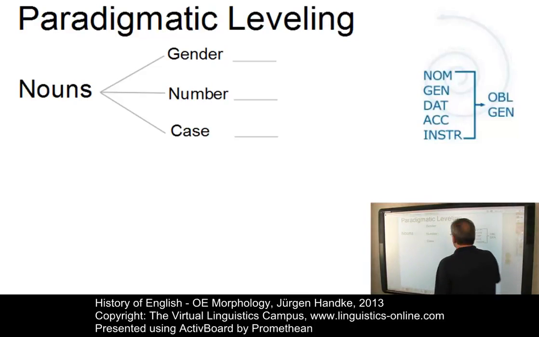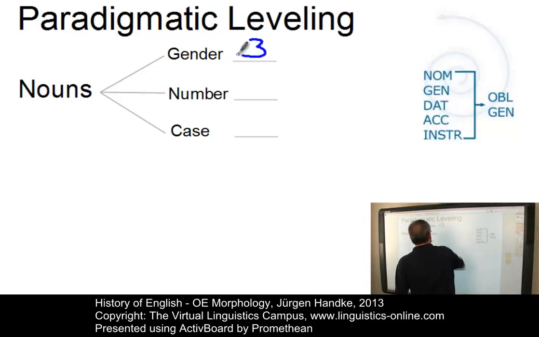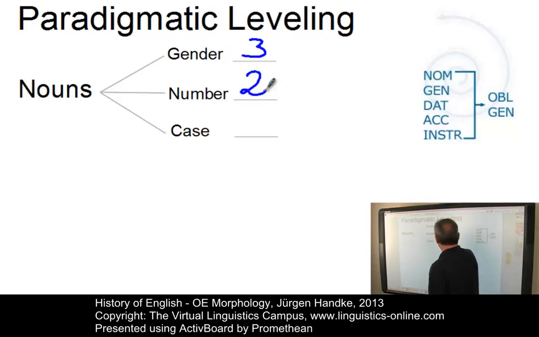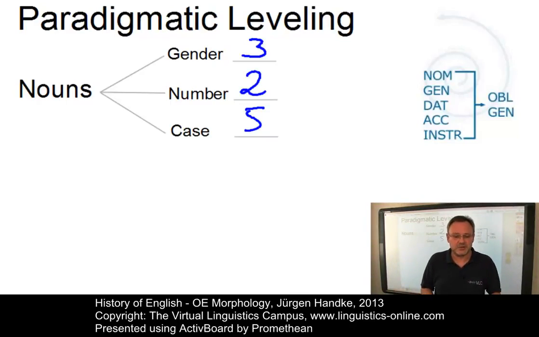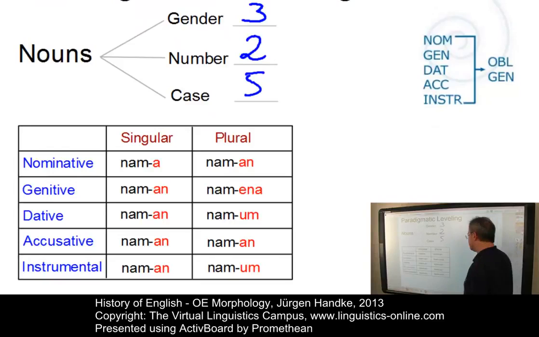Old English used 3 genders, masculine, feminine and neuter, 2 numbers, singular and plural, and 5 cases. This would mean that theoretically nouns of a particular gender could have 10 distinct endings. Well, let's check whether this is really the case.